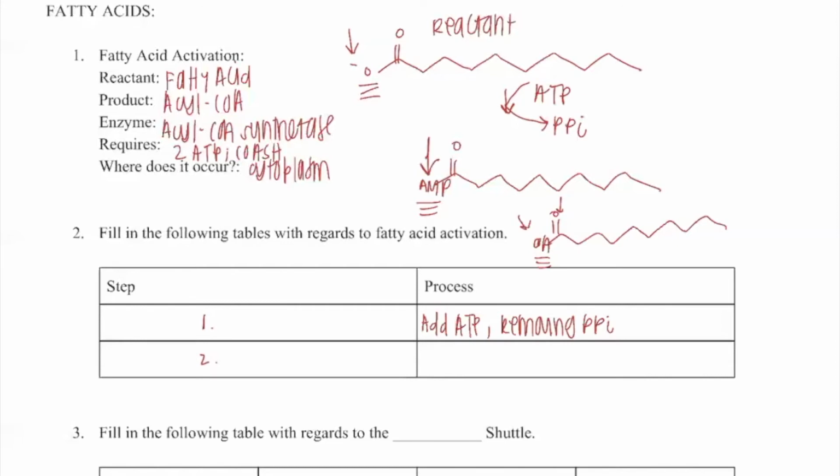The second step is we're going to be adding a CoASH, or a CoA, and then we're going to be removing an AMP. So this is where the AMP goes out, but we're putting in a CoASH, right? And that is the purpose of fatty acid activation, okay?